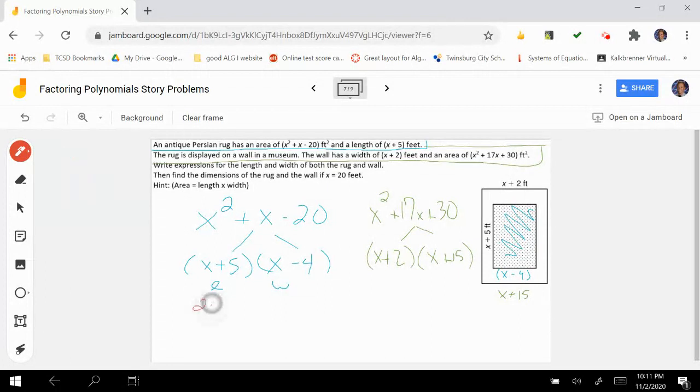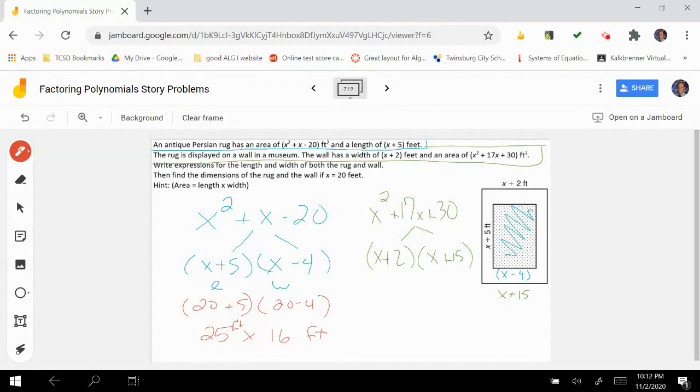So you're going to get 20 plus 5 and 20 minus 4. We'll simplify. 20 plus 5 is 25 by 16 feet, right?